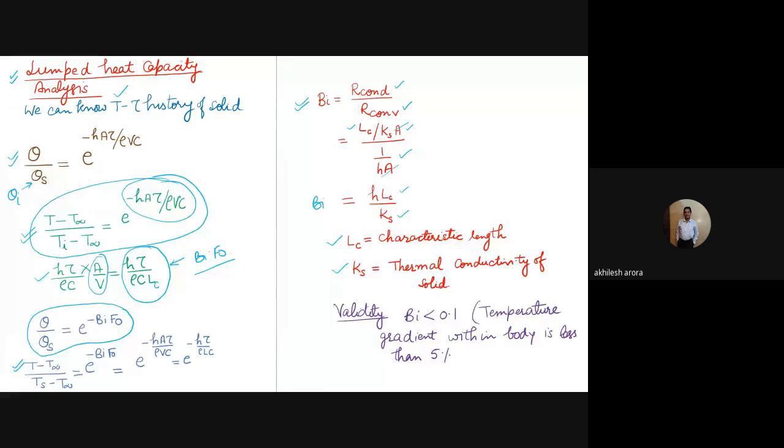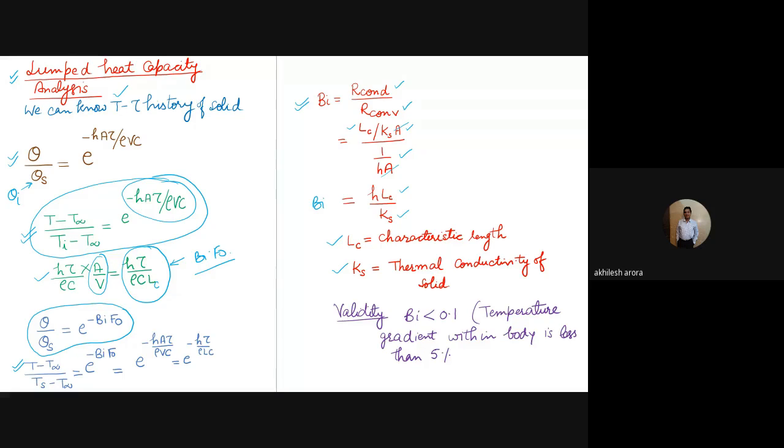As I was telling you, the Biot number being the ratio of these two resistances, if the conduction resistance is less, then the value of the Biot number will be very low, and then the temperature gradient within the solid will be negligible.